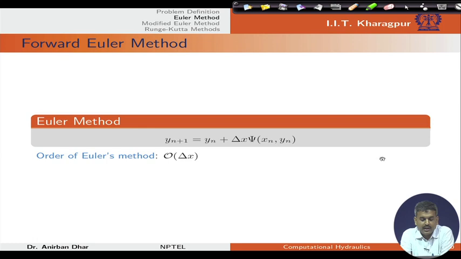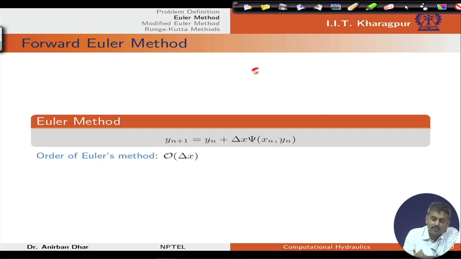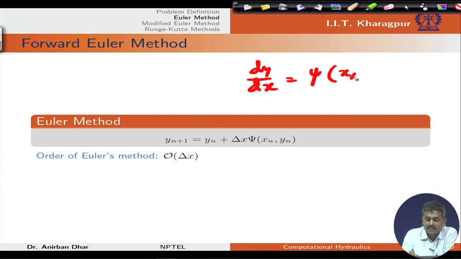From our lecture 7, we can extend the concept of the Euler method for solving this gradually varied flow problem. Now, for the gradually varied flow problem, we already know that dy by dx can be represented as a function of x and y.